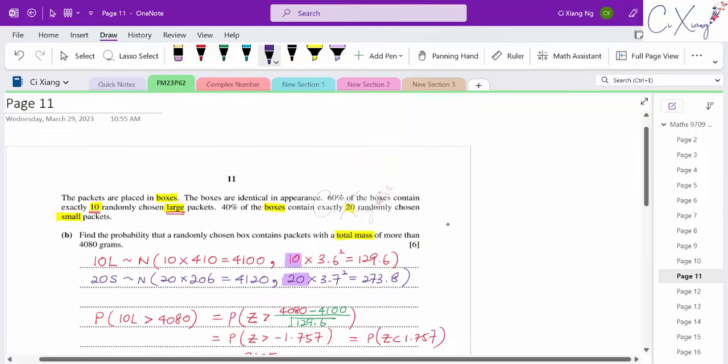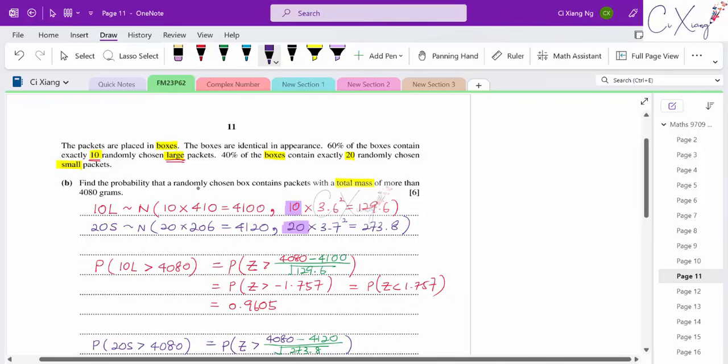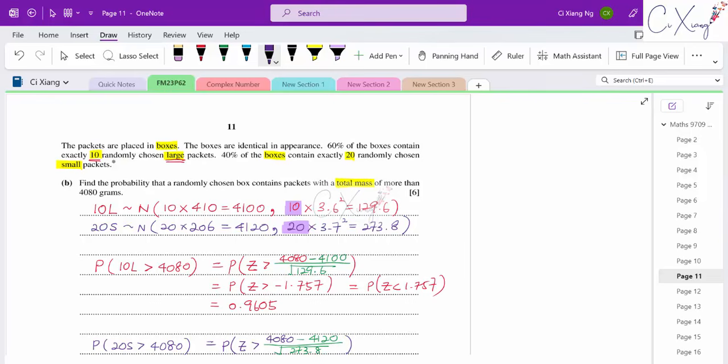Alright, and then in the question here, basically we are having 60% of the boxes contain 10L, 40% of the boxes contain 20L, 20 small, 20S. Right, so they are asking for the total mass, the number of box. Find the probability of a randomly chosen box with this mass more than 4080.